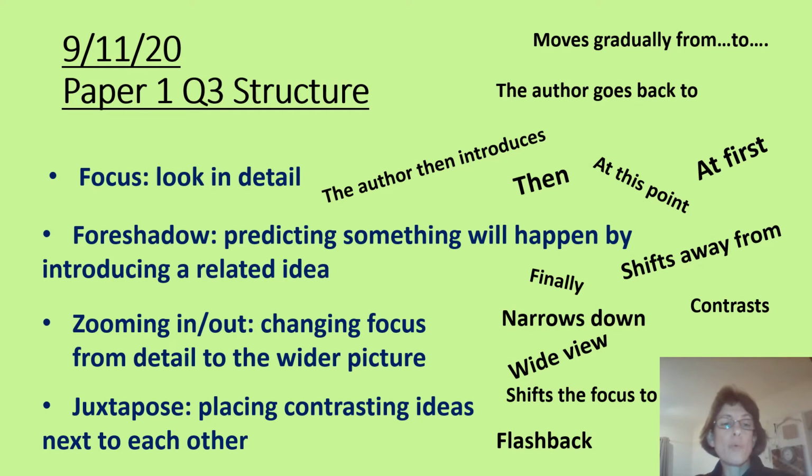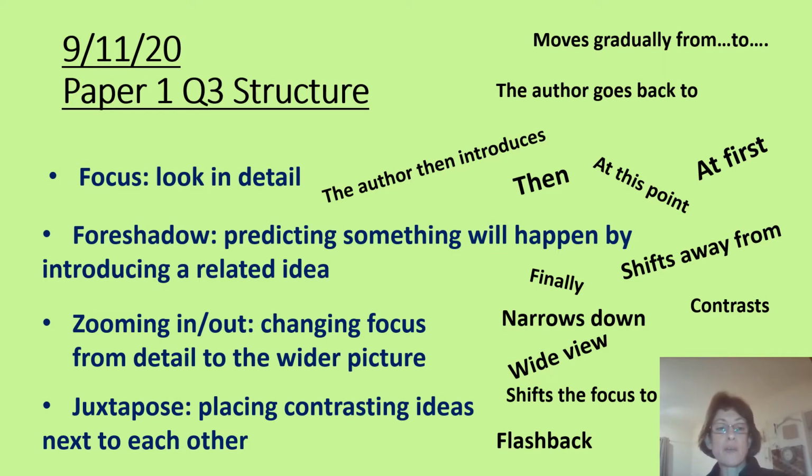So we looked at 4 structural features to start with. What the writer focuses on, whether there's any foreshadowing, so whether something is predicted by introducing images or ideas earlier on, zooming in and out, so changing focus from detail to the wider picture, and also juxtaposing, which is placing contrasting ideas next to each other.